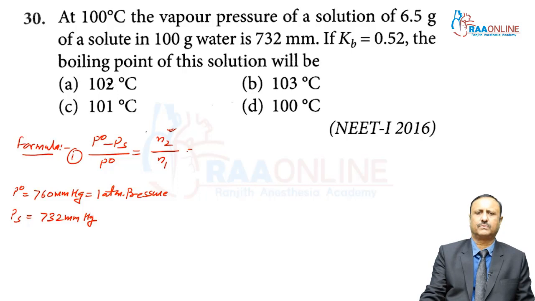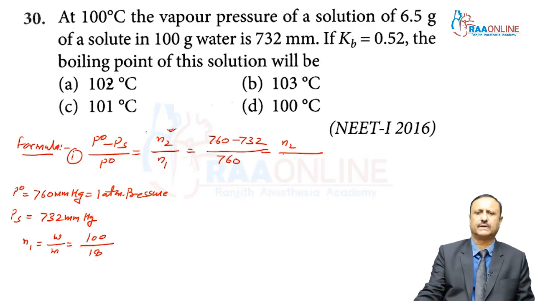So my dear students, you can put here P0, 760 minus 732, upon 760, equal to N2 upon N1. For N1, here you can see the 100 gram of water. So N1 is equal to W upon M, so it's 100 gram upon 18.